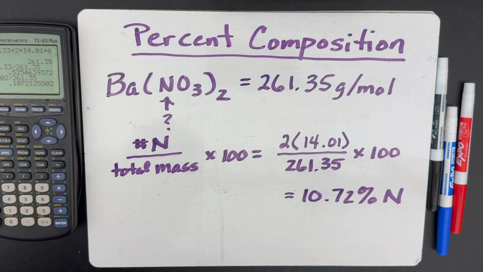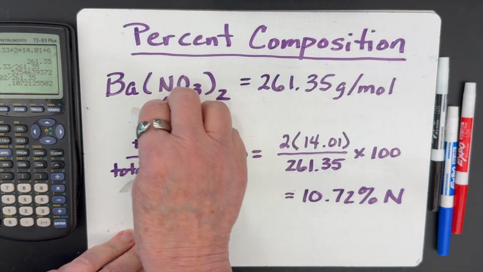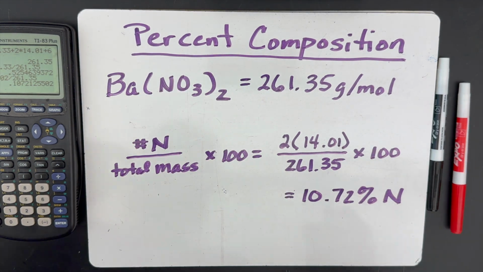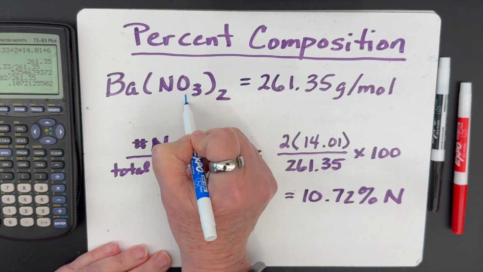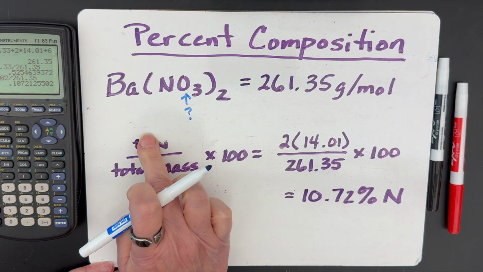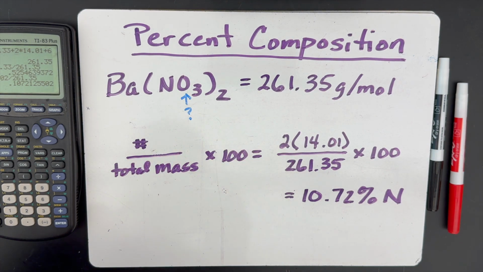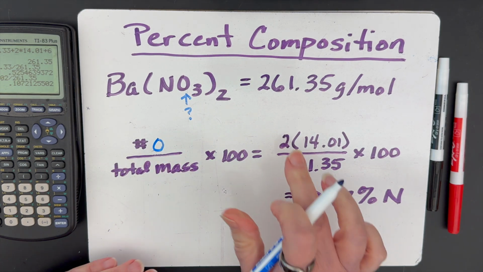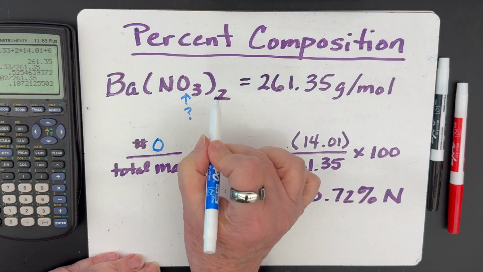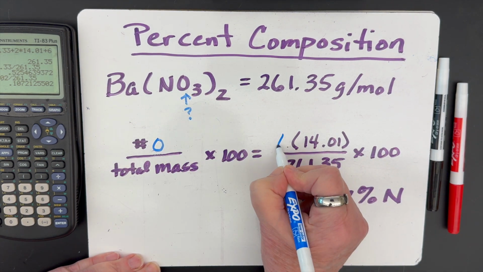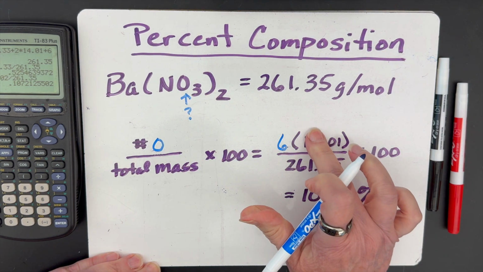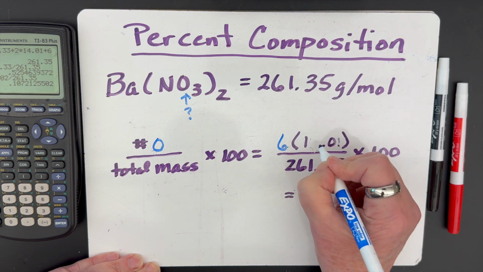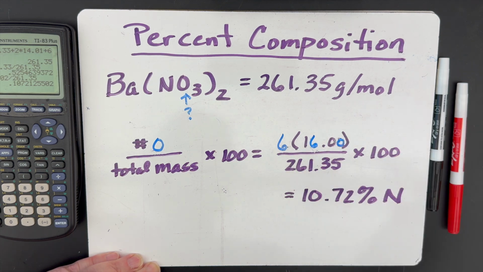If we were asked for the oxygen, the way that we would change this is we would need to change this to the number of oxygens times its mass. We have 2 times 3 is 6 oxygens, and the mass of each oxygen is 16.